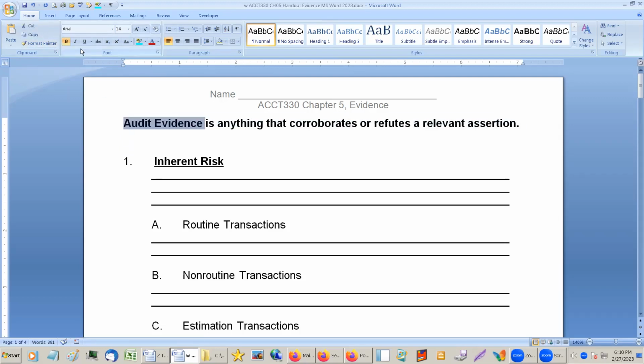So audit evidence is anything that corroborates or refutes a relevant assertion. In other words, I should say must.